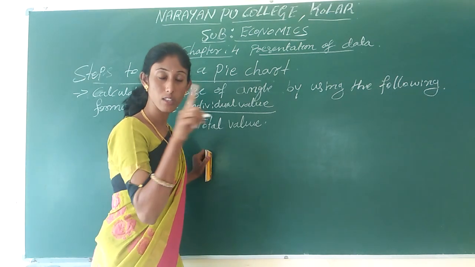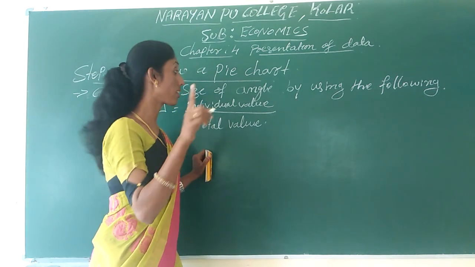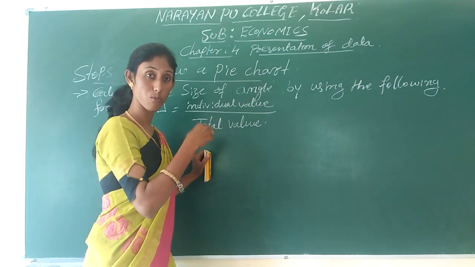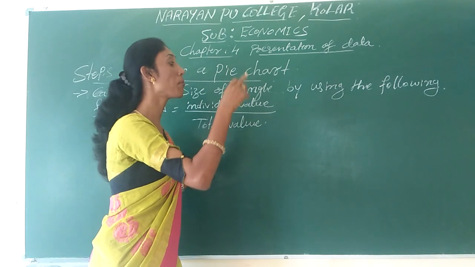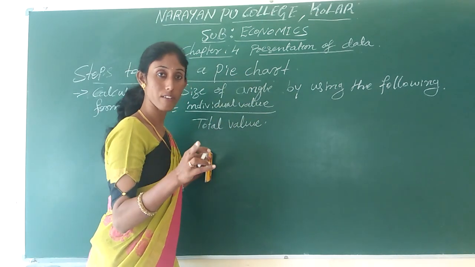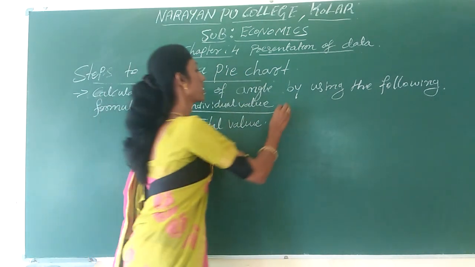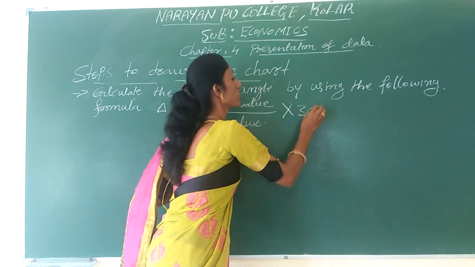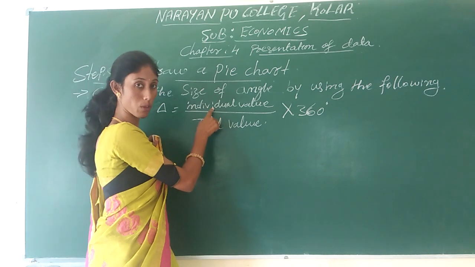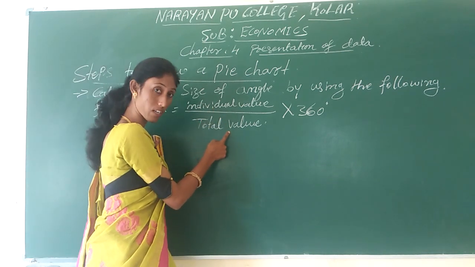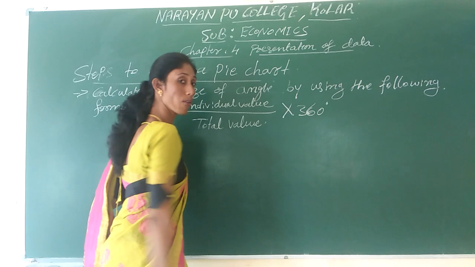The full angle of the circle is 360. Then the values we convert into angles, we multiply by the full angle of the circle, that is into 360 degrees. Here it is the individual value divided by the total value of the data, into 360.